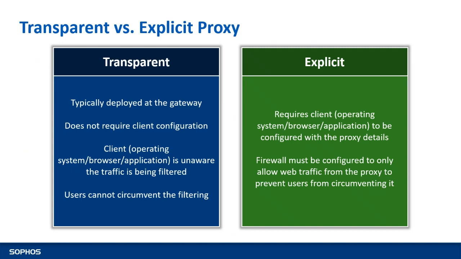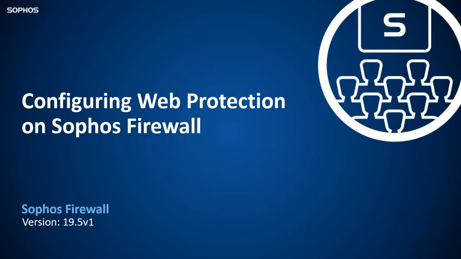When a user makes a request, the client connects to the proxy service and sends the request. The disadvantage of the explicit proxy is that each client must be properly configured to use the proxy.